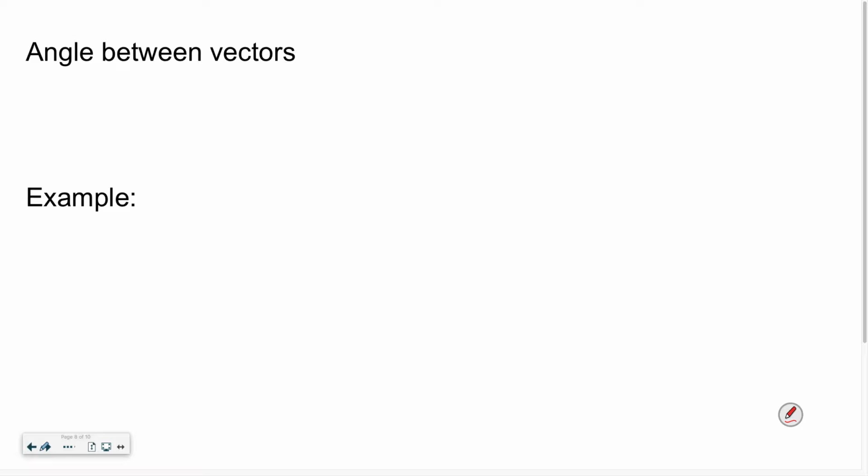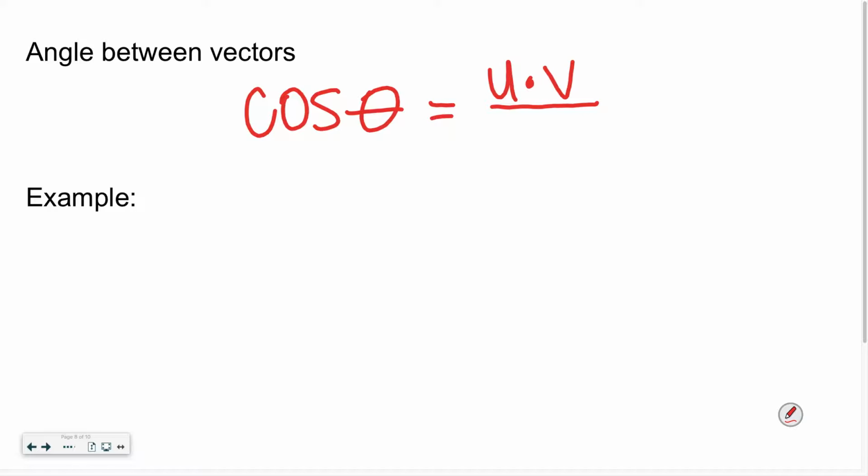The angle between vectors. It deals with a cosine and a fraction. If I'm finding the angle between two vectors, do you remember what goes here? The dot product is in the numerator.